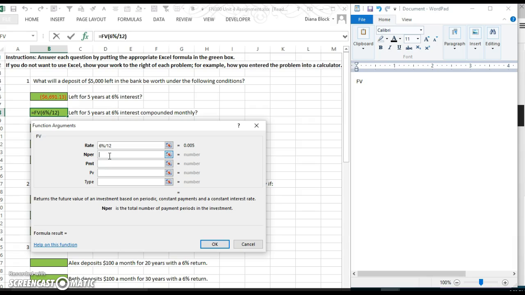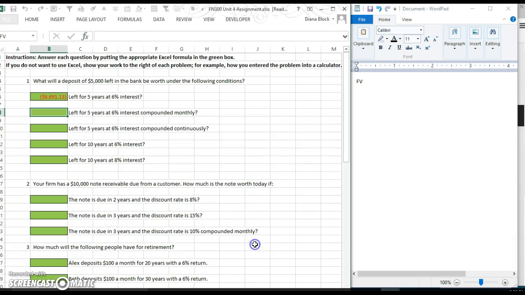It's going to compound for 5 years, but at monthly compounding for 5 years. So 12 months times 5 years, that's 60 compounding periods. So that's the number of periods. Our present value is still 5,000. And so you can click OK. Excel will put your answer there and you're done with that problem.